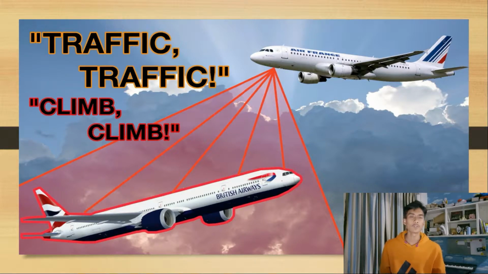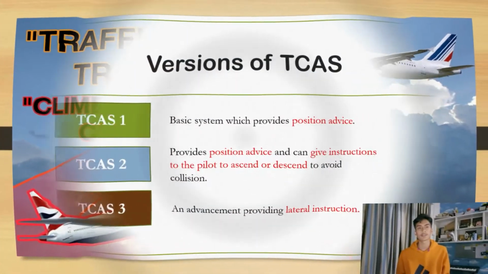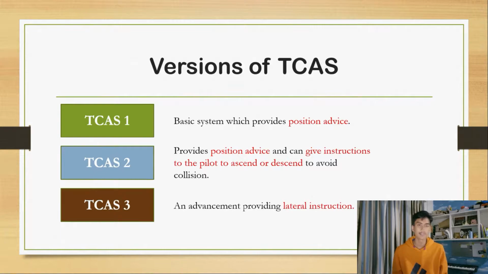Now, moving on to the versions of the TCAS. We have three versions. Number one is TCAS 1, which is basically a system that provides only position advice. The second one is TCAS 2.